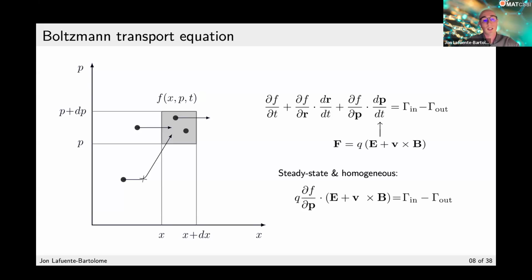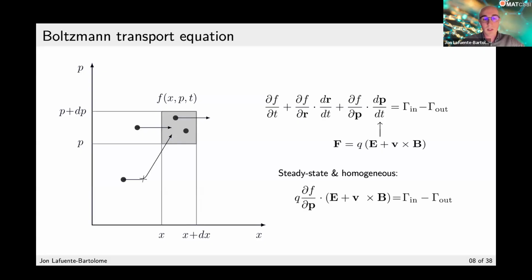The main idea of this strategy is to ask how many electrons we have in a particular region of phase space. For example, here I'm showing the phase space of momentum and real space, and we will ask how many electrons we have in this gray box here. And then we ask how this probability distribution function evolves with time, right?